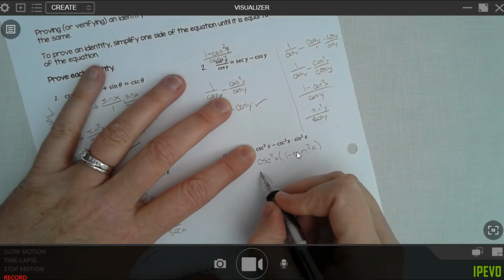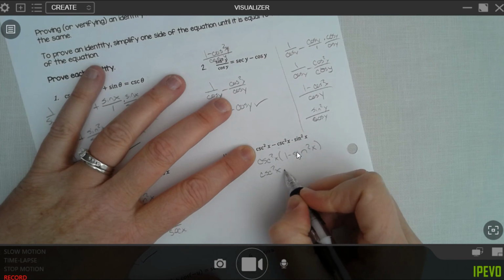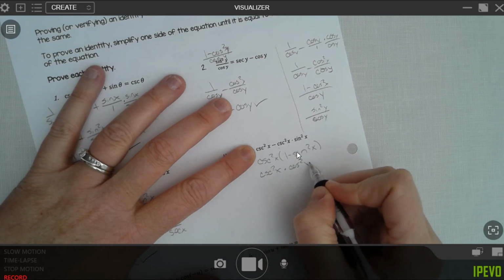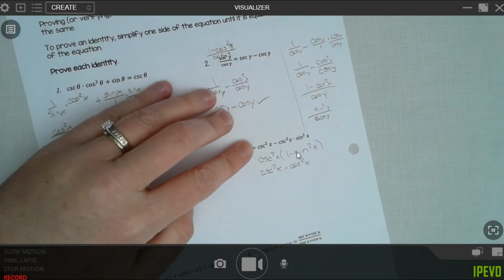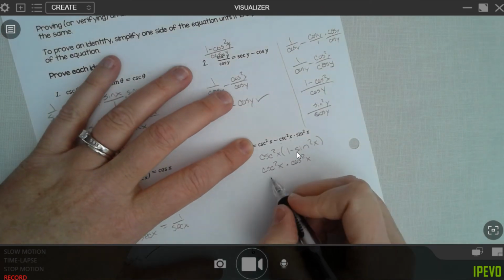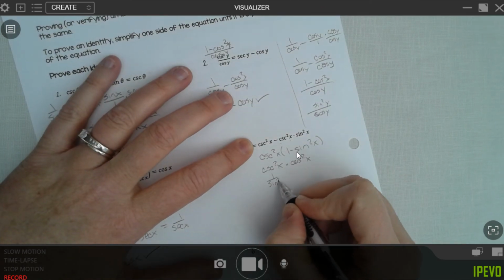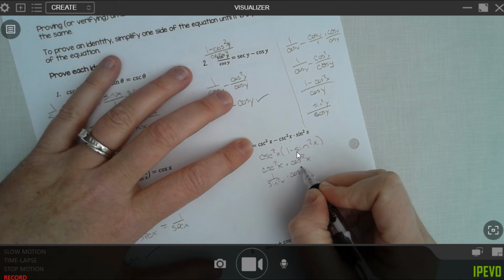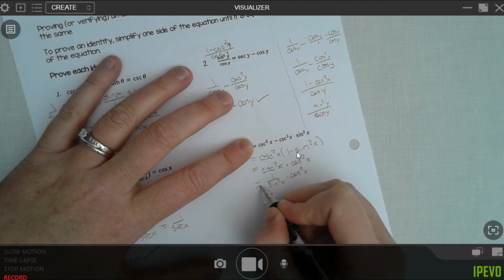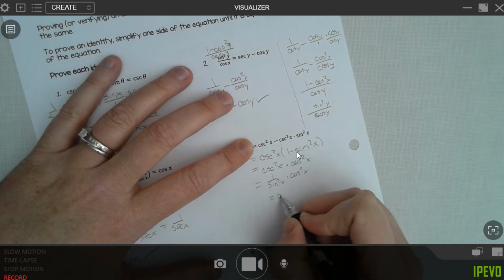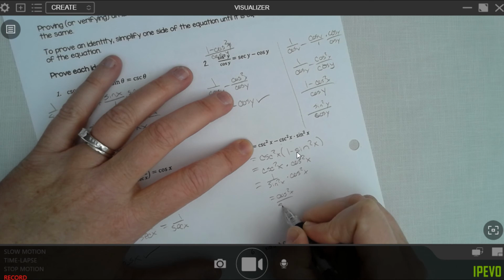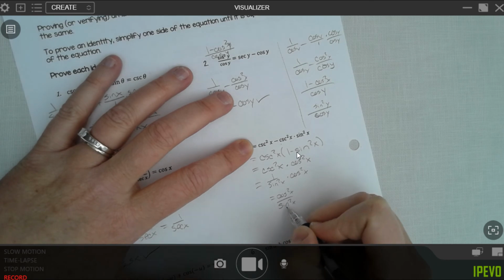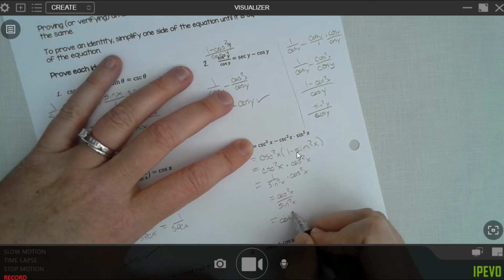So I'm going to end up with cosecant squared of x times cosine squared of x. And then cosecant squared is 1 over sine squared of x times cosine squared of x. So that's the same thing as cosine squared of x over sine squared of x. And cosine over sine is cotangent. So I get cotangent squared of x.